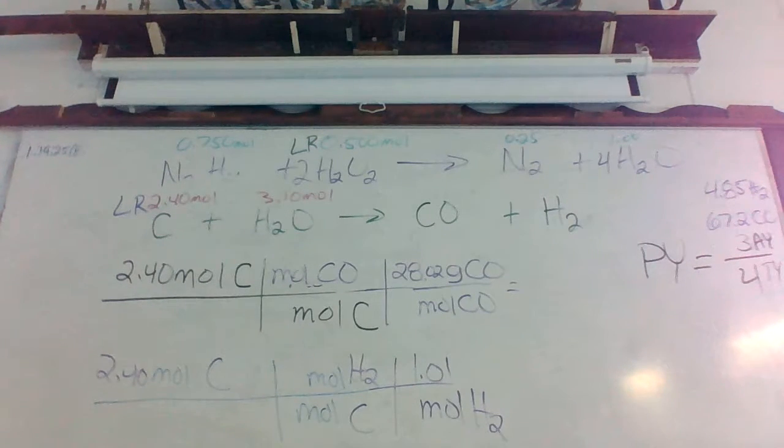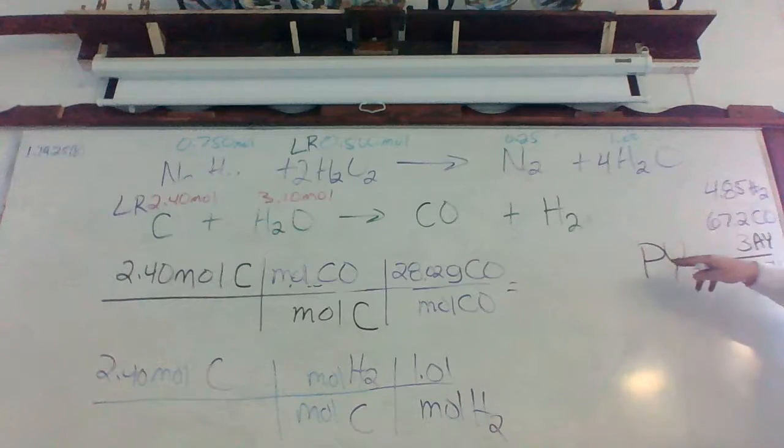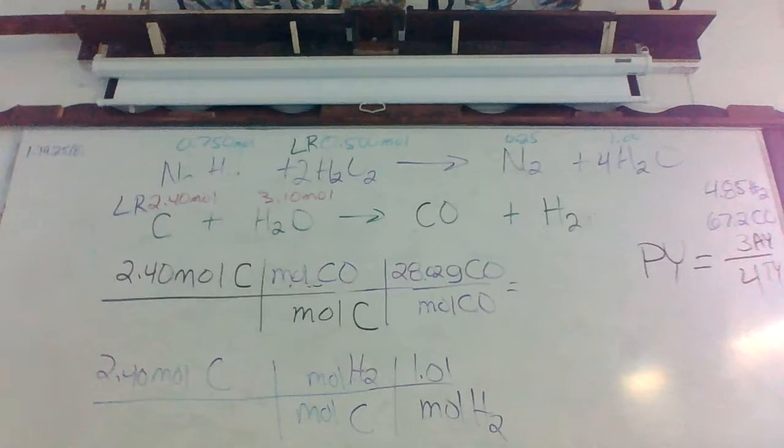Is there any machine that is 100% efficient? No. So there is no percent yield that's going to give you 100%. That's why I'm so happy you did not say 4. Pat yourself on the back.